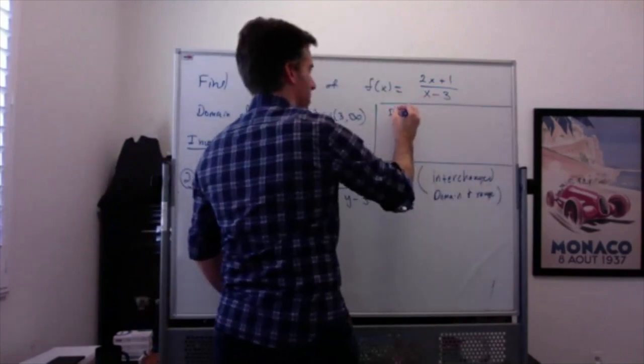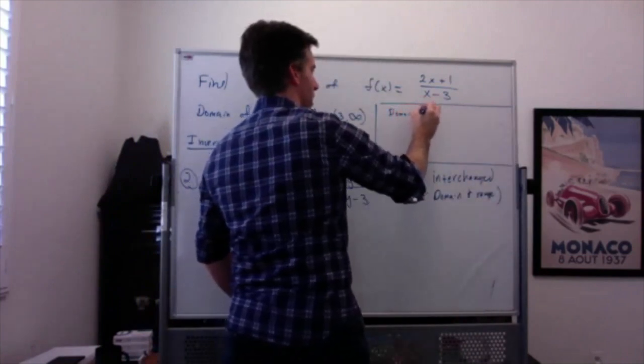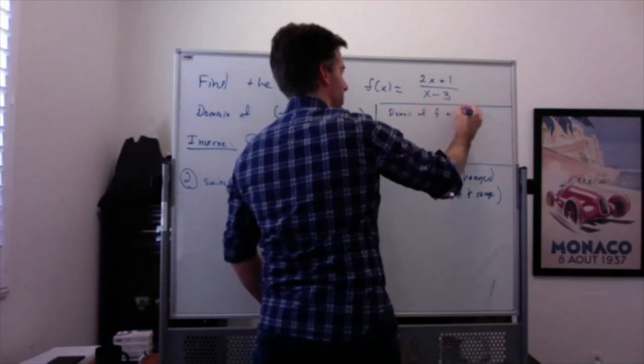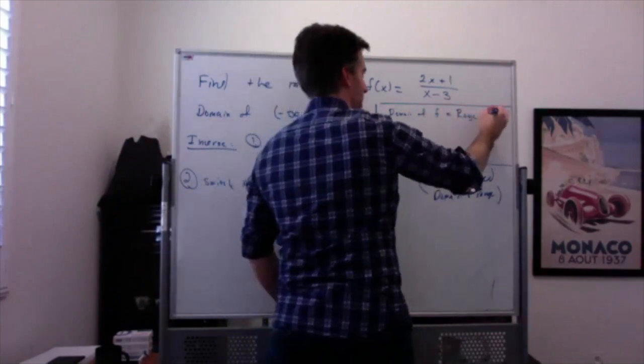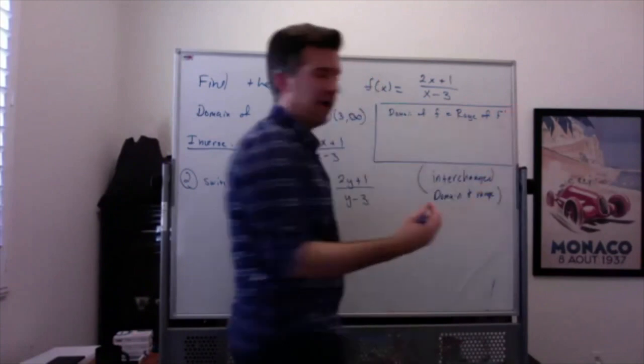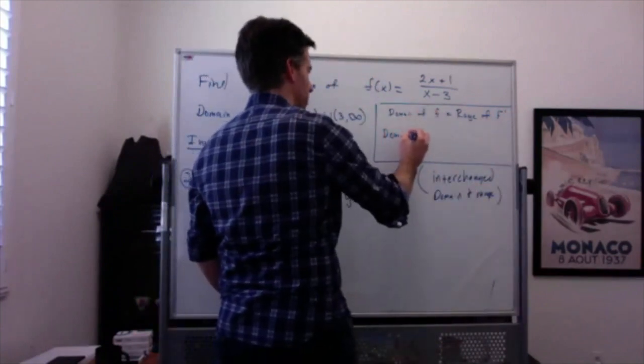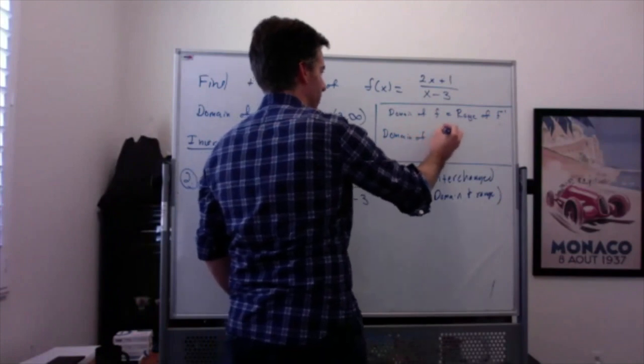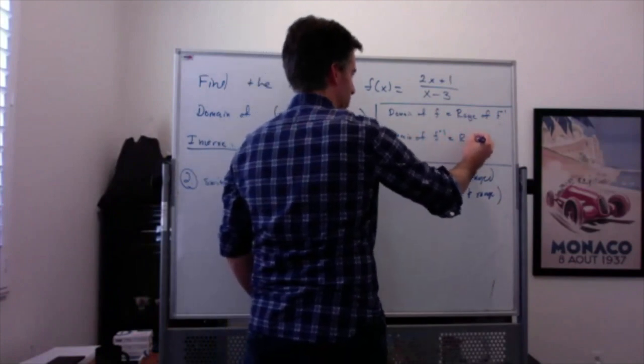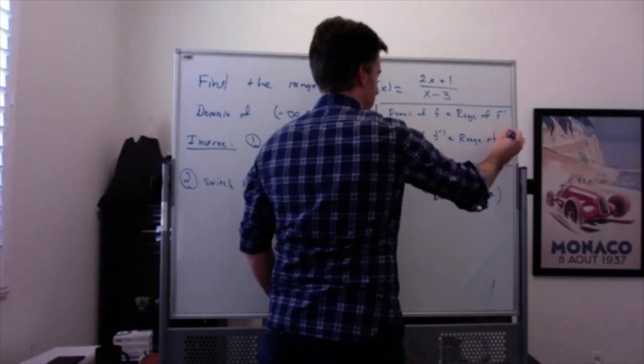The domain of a function is equal to the range of the inverse function, provided they both exist. And the domain of the inverse function is equal to the range of the original function.